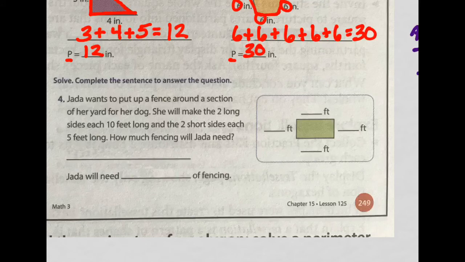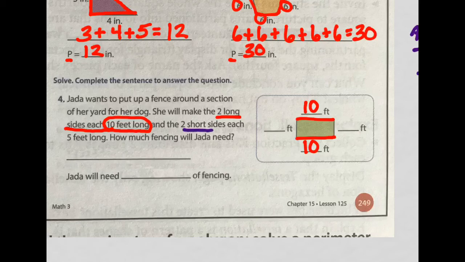Okay, so she will make the 2 long sides each 10 feet long. So let's find the long sides. And they're going to be, what did they say? You're right, 10 feet long. Okay.